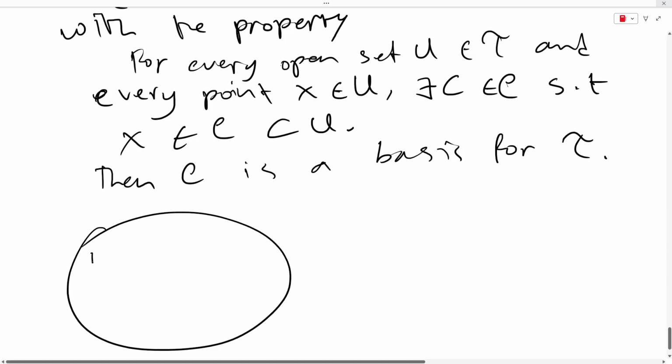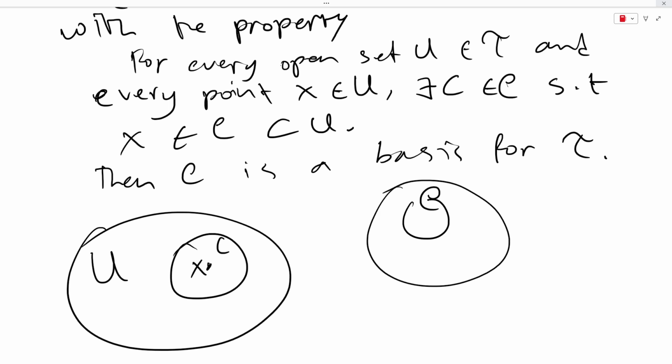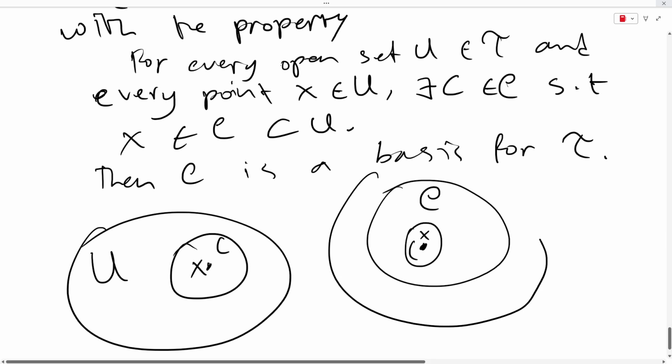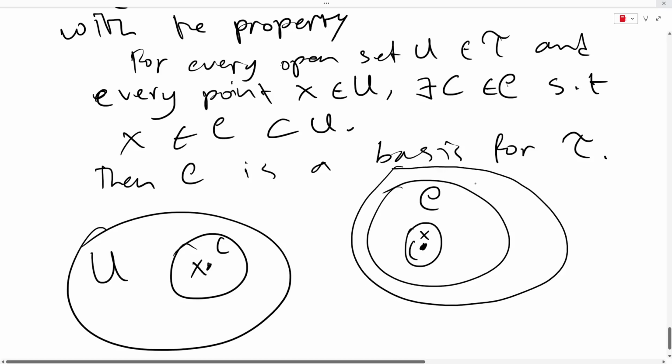So if you have this open set U and this point x, you can have a set C which belongs to this collection, the collection of subsets of tau.